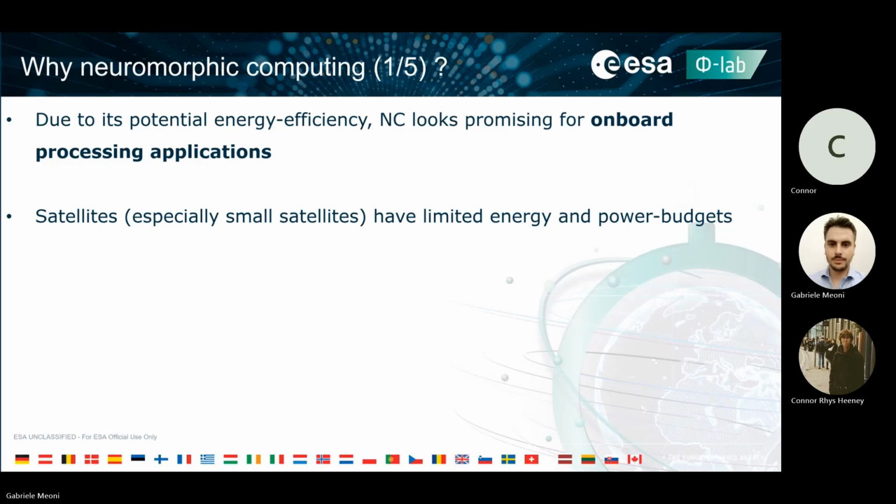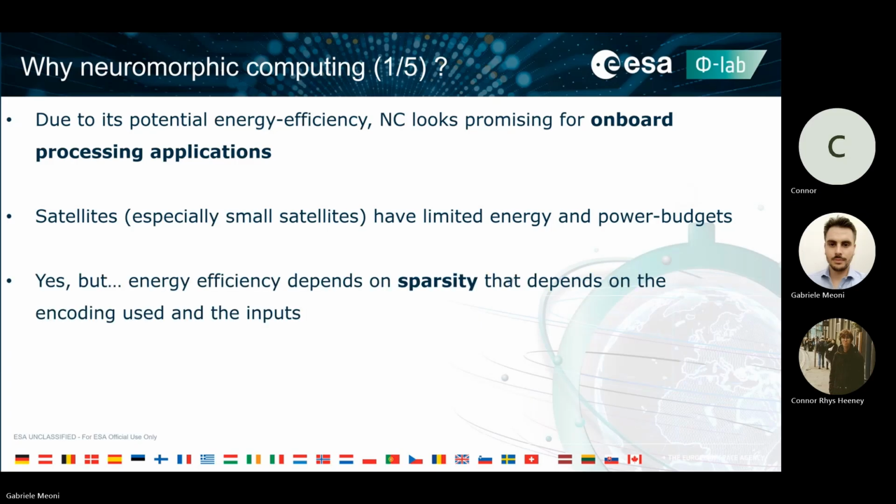So why neuromorphic computing? Well, energy should have triggered something nowadays. At this stage, it might be interesting for onboard applications, for instance. If they really are energy efficient, and they have enough capabilities to process the data, they might be very interesting. But are they? That's the question. Because of course, Earth observation images are not sparse per se. So the energy efficiency depends on the sparsity, which depends on the way you encode information, which depends on the input.